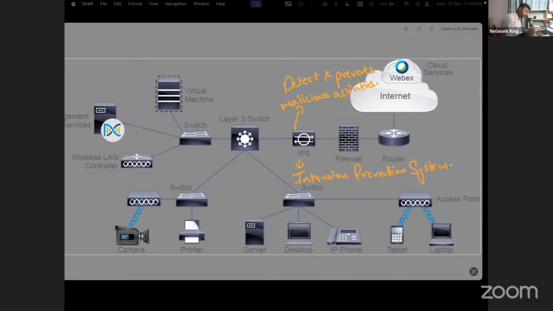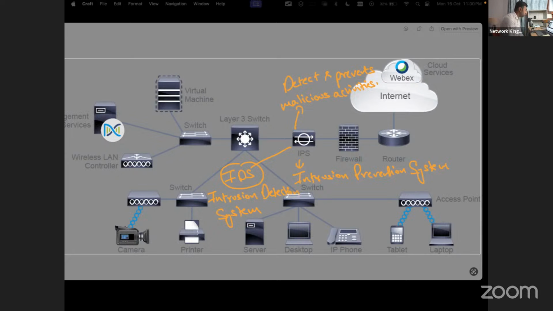Okay, similarly, there is a device not in the picture. Normally we do not use it too much, but there is a device called IDS, which is only for detection. It will not prevent intrusion. Intrusion means problem, okay? Intrusion Detection System.